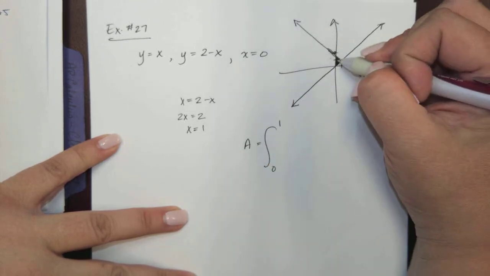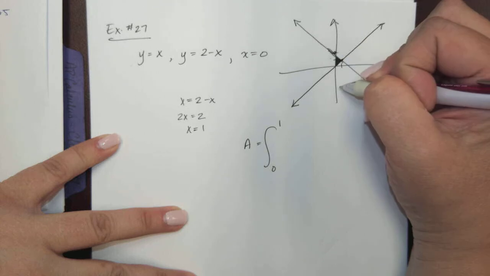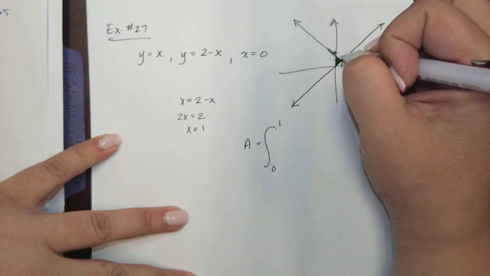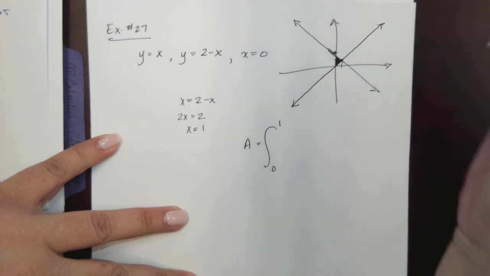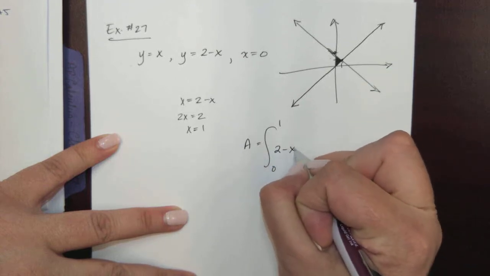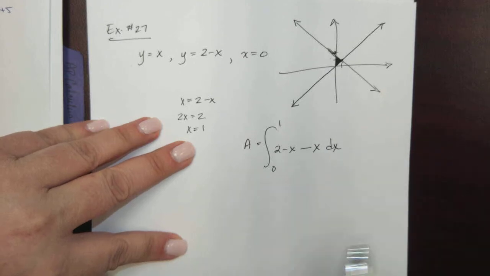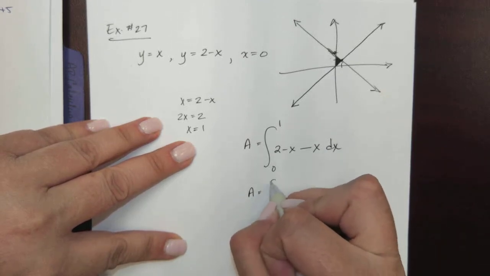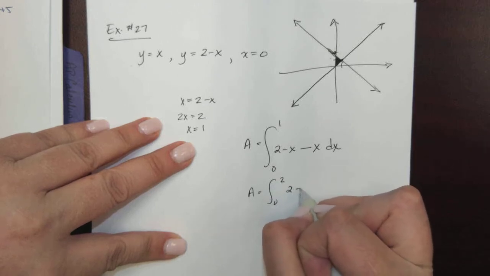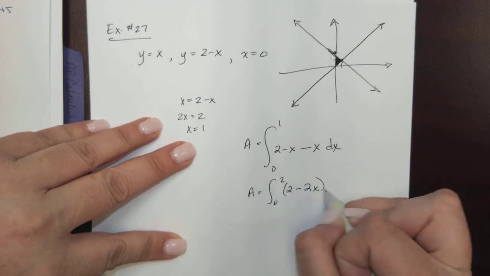If I were to draw a vertical line through this region, the upper function is the one that hits on top. So that's 2 minus x dx. Or area equals the integral from 0 to 2 of 2 minus 2x dx.